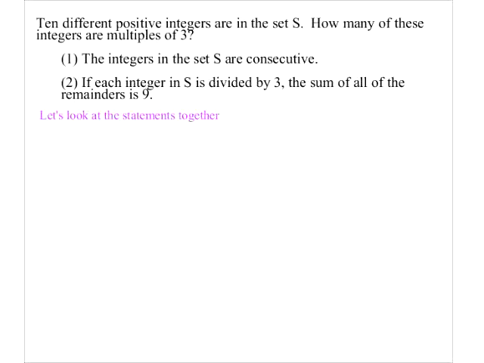So let's examine different sets of 10 consecutive integers and look for a pattern.